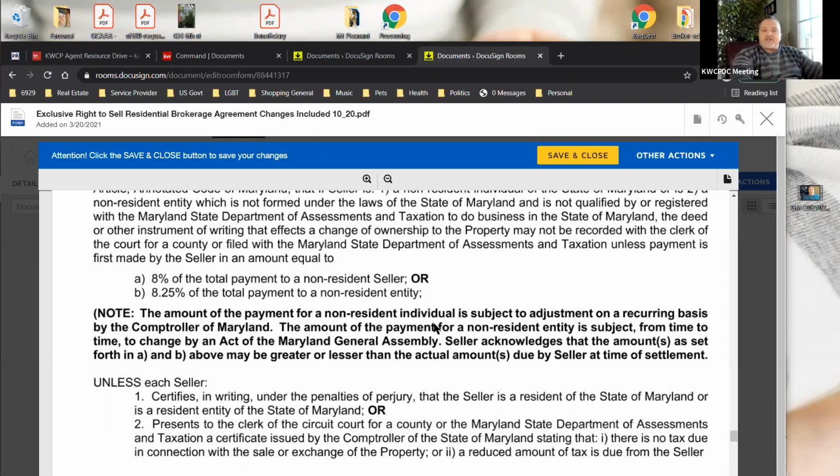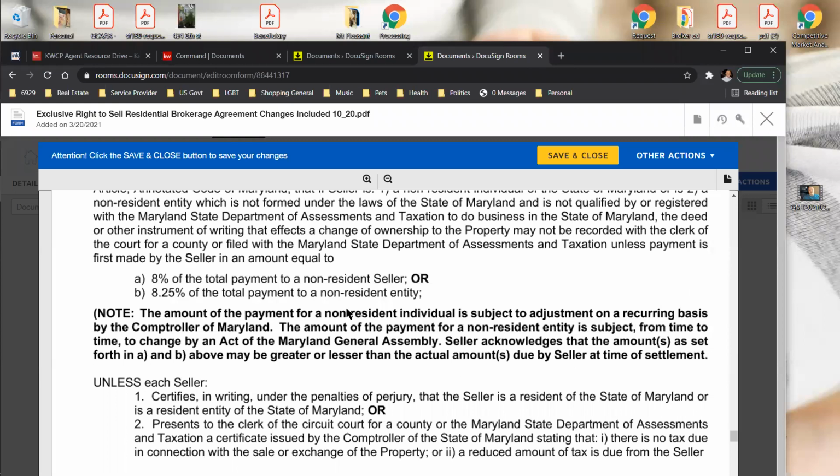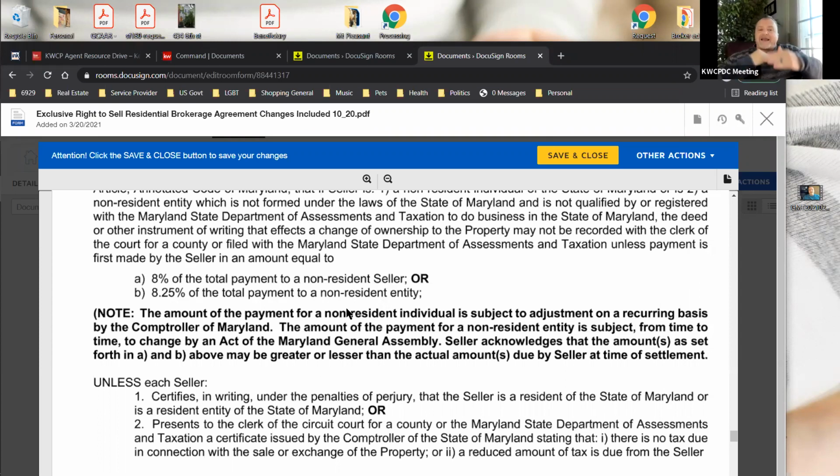They are now subject to this tax until they file their next tax returns and liquidate that amount according to what their tax returns show. So keep in mind that if you're dealing with out-of-state owners, this is something that could very well impact them. And we need to make sure that that is calculated beforehand when you're taking the listing.